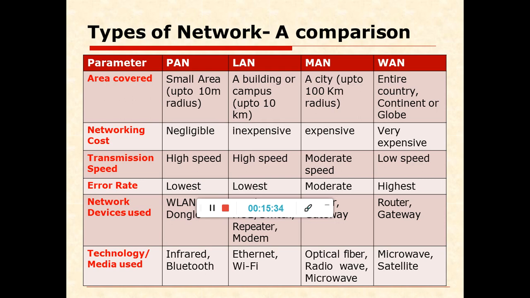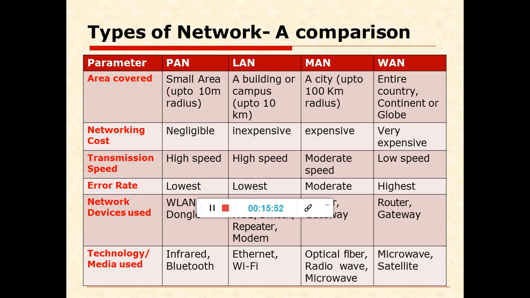Coming to PAN, the coverage area is low, that's why the error rate is low. So when the coverage area is low, the error rate is low. Coming to LAN, it is lowest, and MAN, it is moderate, WAN, it is highest.